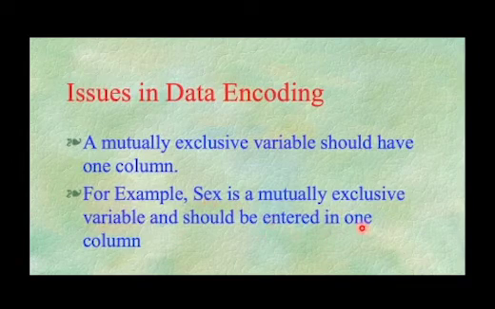You can either have a male or a female. So if you have a male, it mutually excludes a female. A female can't be a male. So that's mutually exclusive. And if a variable is mutually exclusive, it should be entered in one column.